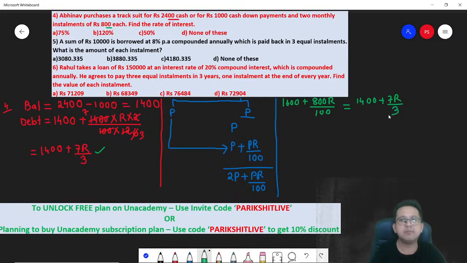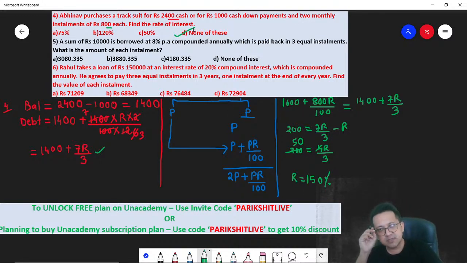So 200 is equal to 7R by 3, 800 by 100 is 8, minus R. Or 200 is equal to 4R by 3. So can I say R is equal to 150%? What is the rate of interest? 150%.